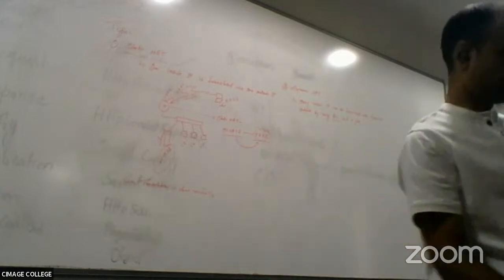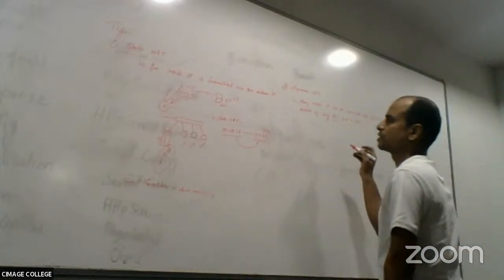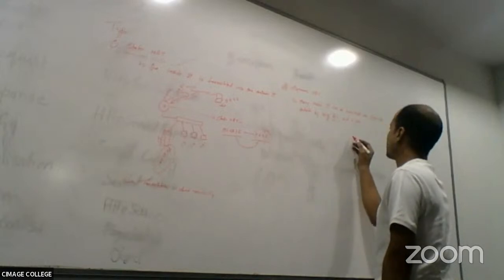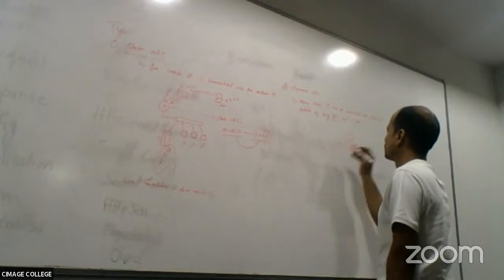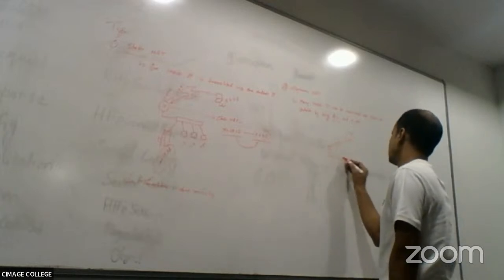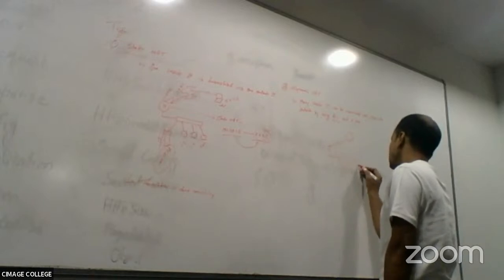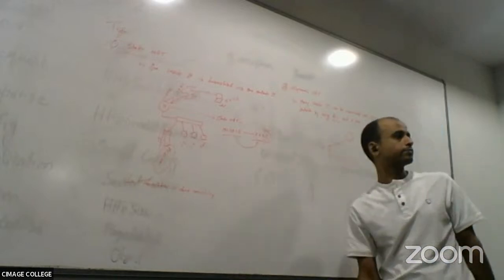Just now, I will discuss this. First, again, I'm going to draw the same diagram. This one is ISP, and there is a router. And at this router, there is a local network, and in the local network, there are many nodes.